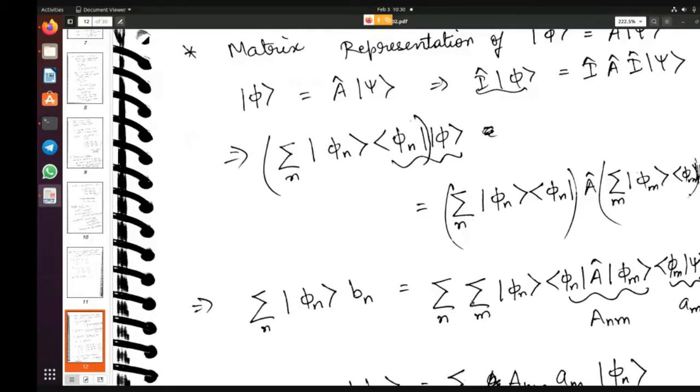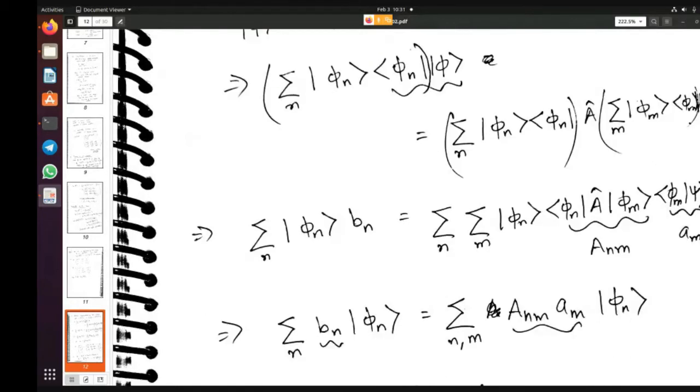Now this part, okay, so here again you can take the summations on one side. So you have summation over n, summation over m. Then you have ket phi n, and then this part, <phi n|A|phi m>, this is again a number. So let's call it capital A nm. And this <phi m|psi> is again a number. Let's call it small a m.